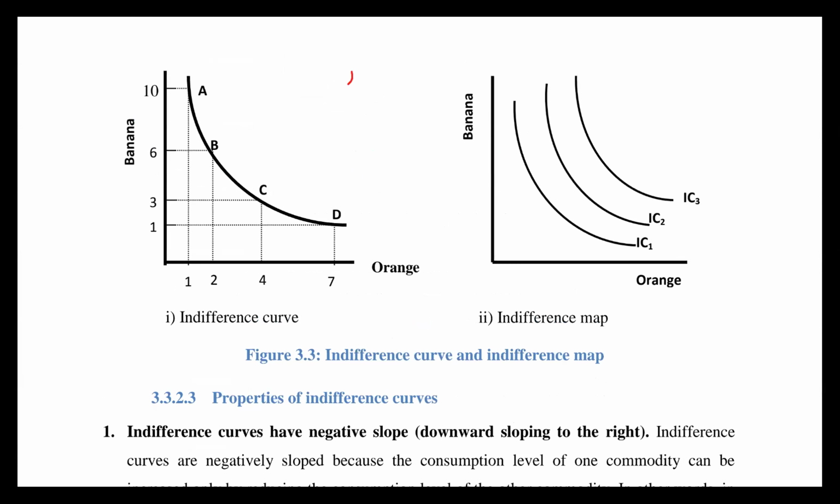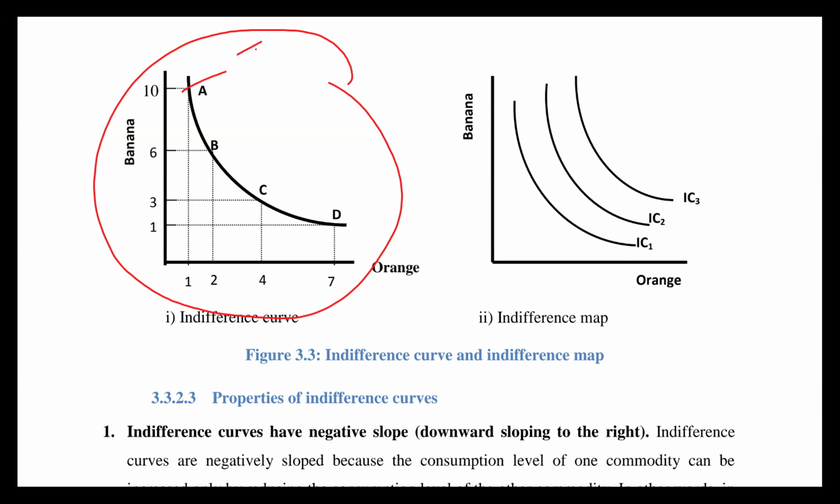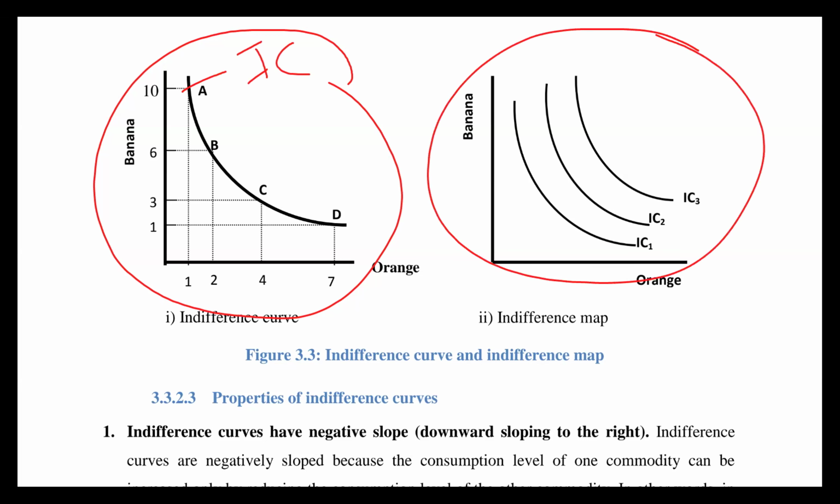The indifference schedule that you had previously has been plotted on a graph, with the bananas and the oranges on the axes. This is what you call an indifference curve. Now, if you put several of the indifference curves, many of them at different levels, then you have something like this, and this is called an indifference map. Is that clear?